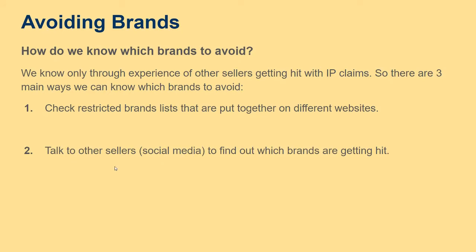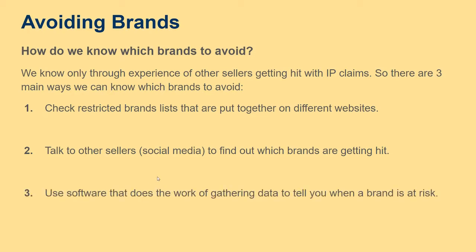But number two, we can talk to other sellers. I mean, basically, I don't necessarily mean one-on-one. I mean like in a social media group that perhaps talks about restricted brands, or maybe has conversations when they get hit with IP claims. They might be mentioning some brands they're getting hit with. They might even have a list in some Facebook groups or something like that. But the third option is also to use software.